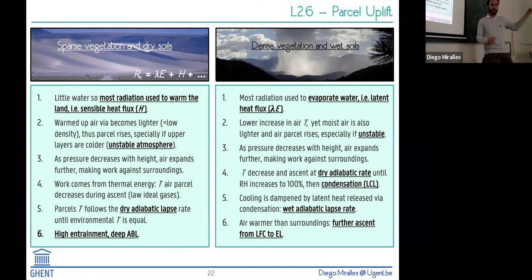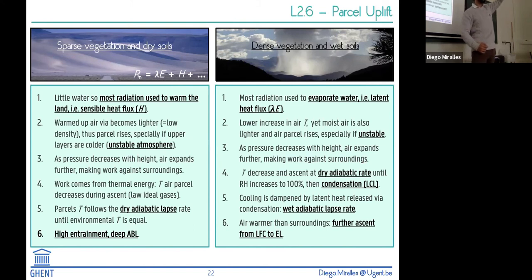But we also saw that by moistening, you are also reducing the density, right? So that air moves up through the dry adiabatic layer because it's still not experiencing phase changes. It's not condensing yet. It's just moving up because it has become lighter, and at some point it will be cooled down to the point at which it starts condensing, and then it starts releasing the energy of condensation.